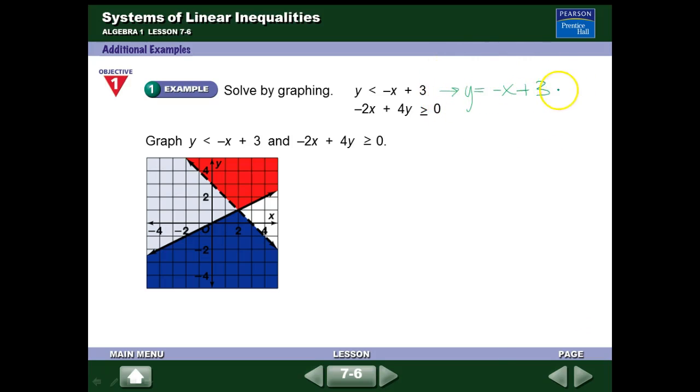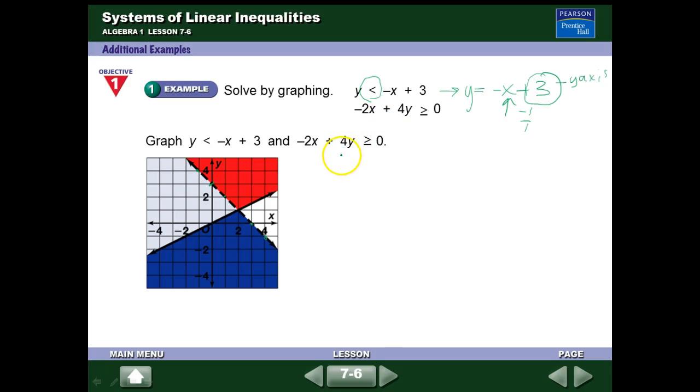So y equals -x plus 3. 3 is where it's going to cross my y-axis, with a slope of -1 over 1. So 3 is where I cross my y-axis, slope of down 1 over 1. As you can see, it follows this line here. They have made this a dashed line because it is not equal to.